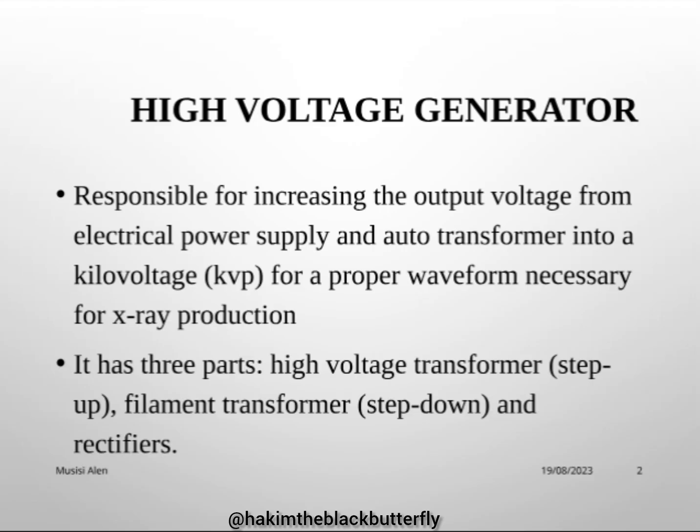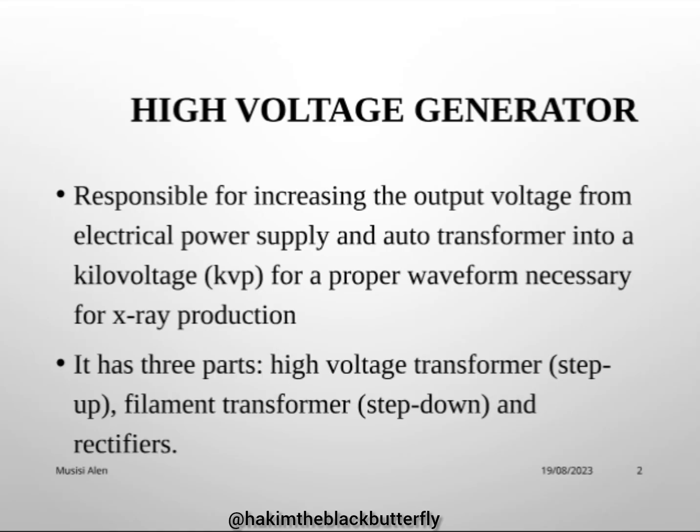The generator used in the X-ray machine is called a high voltage generator. The reason why it's called a high voltage generator is because it has a transformer in there that steps up the voltage from volts to kilovolts.